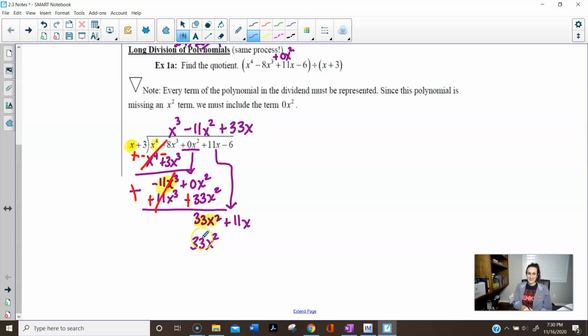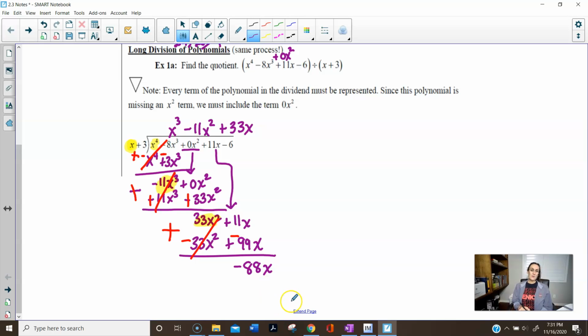These are identical. 33x times 3 is 99x. Okay, we're going to subtract, which is the same thing as add the opposite. Those cancel. 11x subtract 99x is negative 88x. So negative 88x.